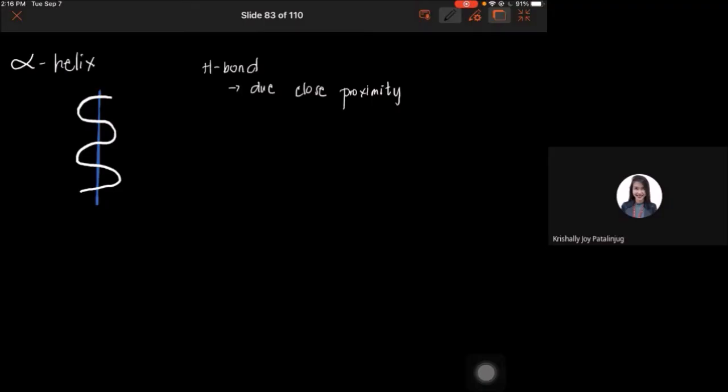Pag may close proximity of atoms, then there would be H bonding. And saan ba nabubuo yung hydrogen bond? Close proximity of electronegative atom na oxygen bonded to hydrogen. That is a hydrogen bond. What connects oxygen there and hydrogen ng isang amino acid residue, that's hydrogen bond.